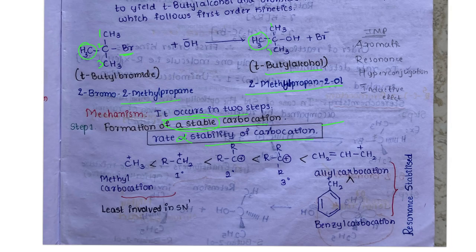According to the stability, benzyl carbocation is more stable than allyl carbocation, then tertiary, secondary, primary, and methyl carbocation is the least stable, that's why it is least involved in the SN1 reaction or can be considered not to participate. So the most preferable are benzyl, allyl, tertiary. These are the most favorable carbocations formed in the SN1 reaction. So the rate of reaction depends upon the stability of carbocations.